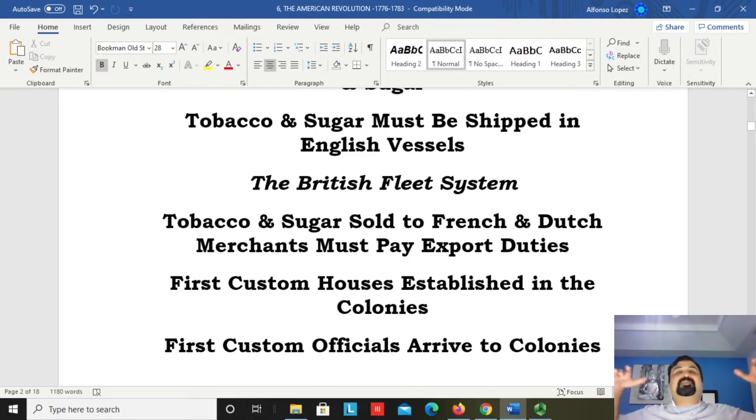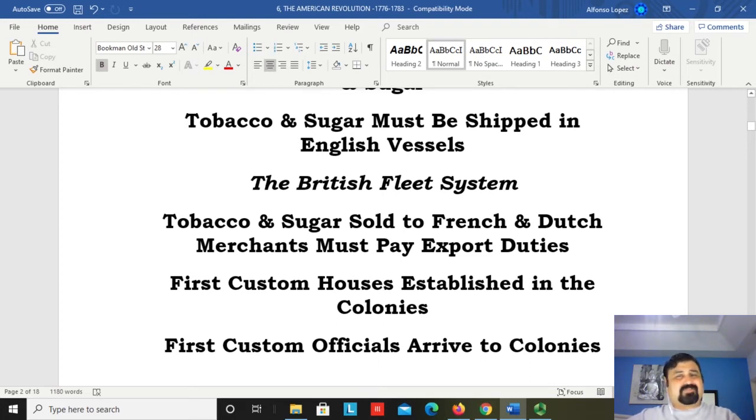The British fleet system is a large fleet that was used for the official vessels that were to transfer goods back and forth from the colonies to the mother country and vice versa. And so goods had to be boarded on those ships. Otherwise, it would be considered illegal cargo.